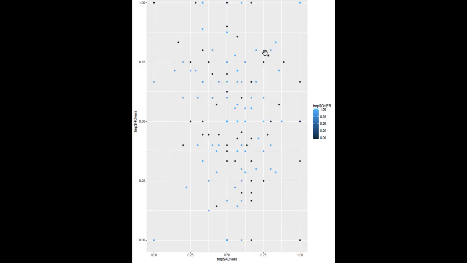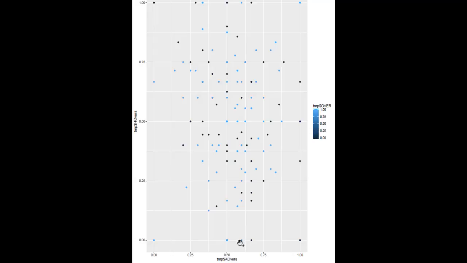But anyway, what we have here is a plot. On the x-axis, so each dot is a game. And in each game, there are two teams. The home team and the away team.